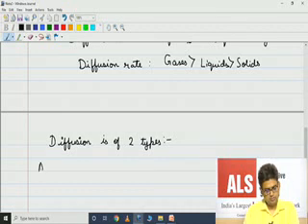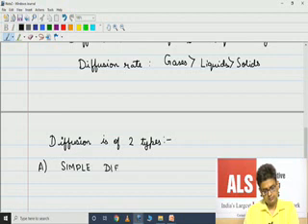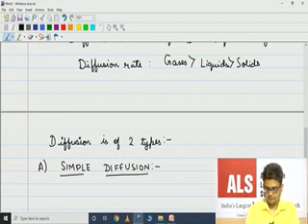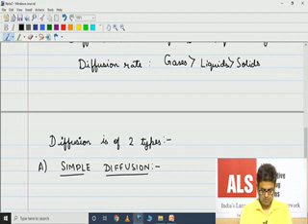So first put the heading: simple diffusion. Okay, simple diffusion. So what is simple diffusion?